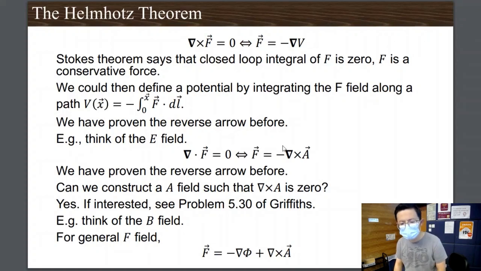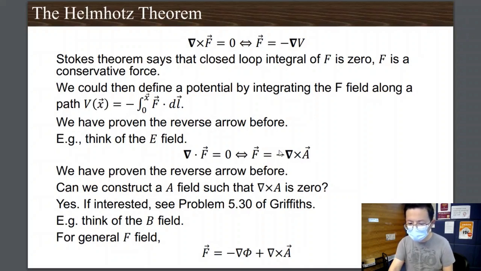The second part of the Helmholtz theorem is a similar but slightly different story, in the sense that if we look at the problem of del dot F equals 0, a field that has zero divergence, then in this case the field can be written as del cross a vector potential.